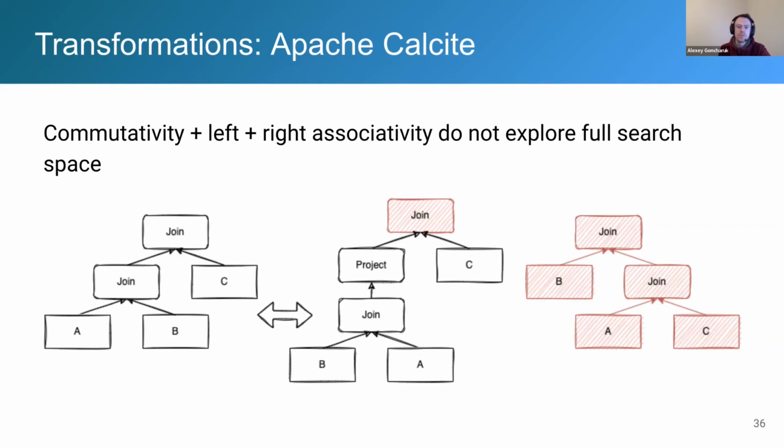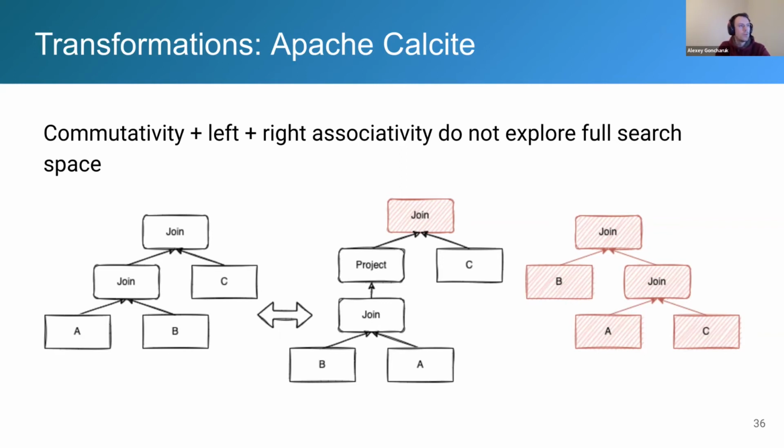To compensate for this reordering, the commute rule produces a project node on top of the join node. Now, since we have this project node on top of a join, for example in this picture, the associate rule would not execute, and essentially the right plan cannot be reached. So having only commutativity and left-to-right associativity does not explore the full search space.